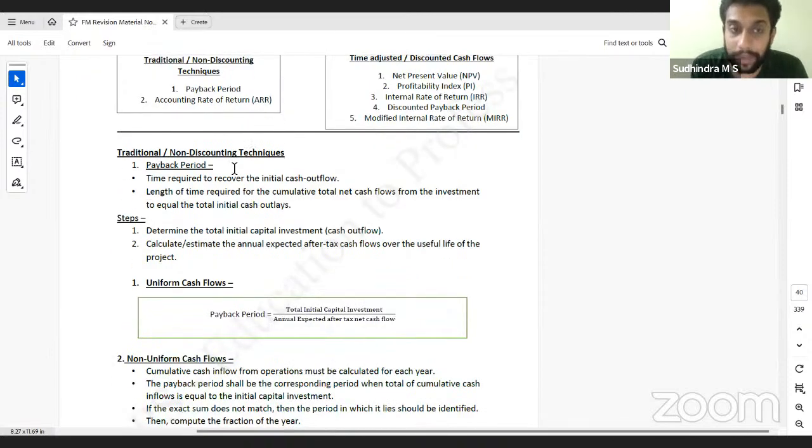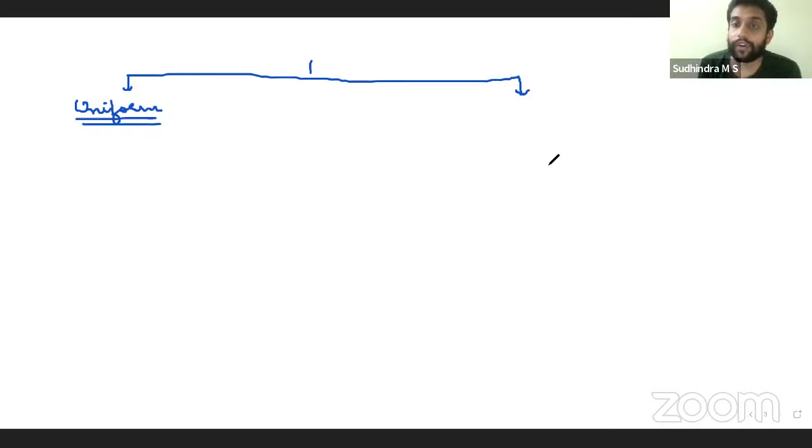So in this payback period, it's the time required to recover the initial cash flows. How do you calculate payback period? That depends upon whether cash flow is uniform or not. In case of uniform cash flows, that means every year I'm getting 1 lakh rupees. Initial investment was 3 lakh.